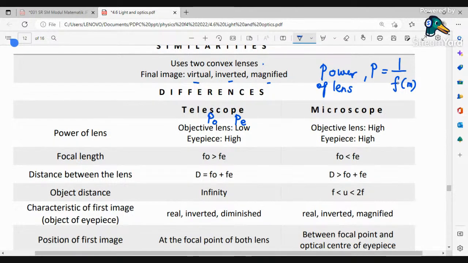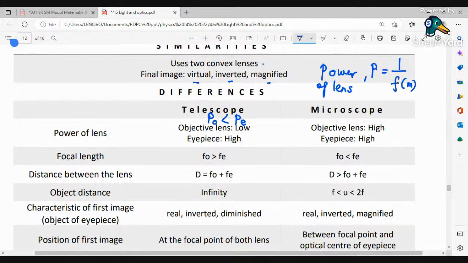Okay, so which one is higher? As we know, power and focal length are inversely proportional. For a telescope, the focal length of the objective is longer, meaning the power PO is smaller than PE. PO smaller than PE, meaning FO more than FE.